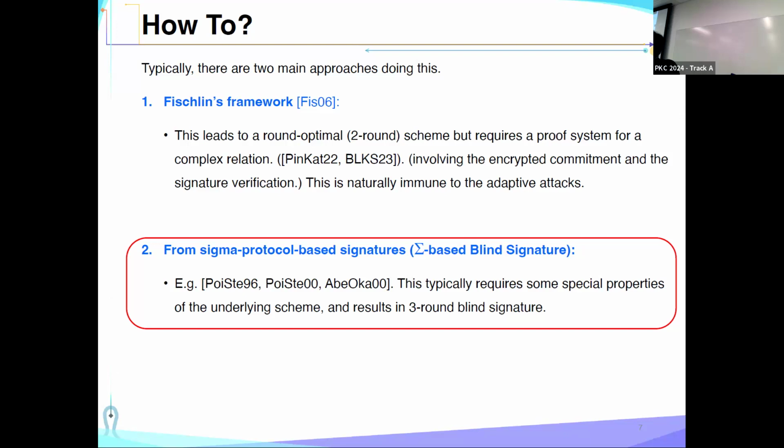As you may know, from a sigma protocol, we can build a signature scheme. And as long as your sigma protocol has some special properties, then you can turn this sigma protocol into a blind signature scheme. But these special properties are kind of special.